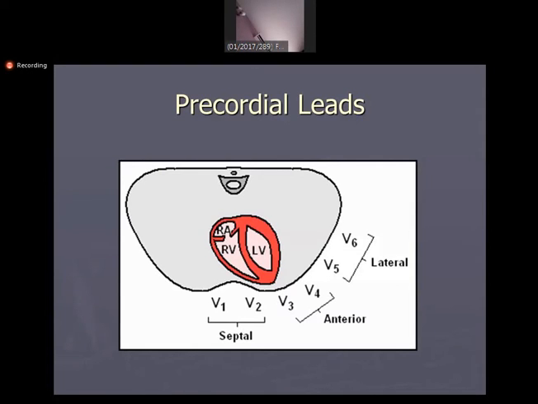If any electrical activity is most dominant in V3 and V4, it means that you are observing the anterior part of the heart. Similarly, if you see it in V5 and V6, what does it mean? It means that you are observing electrical activity of the lateral part of the heart. Right?